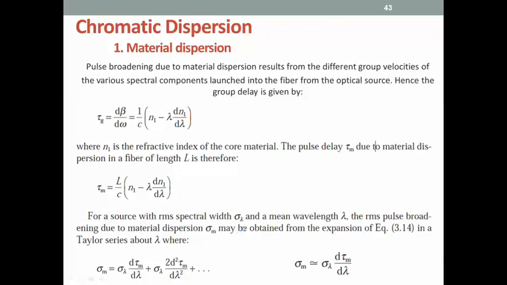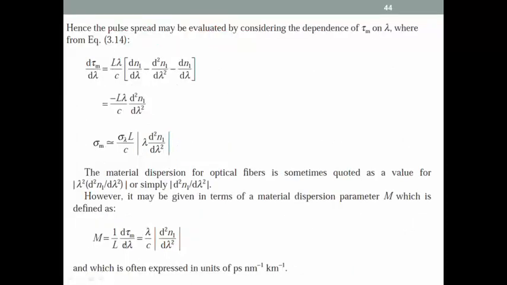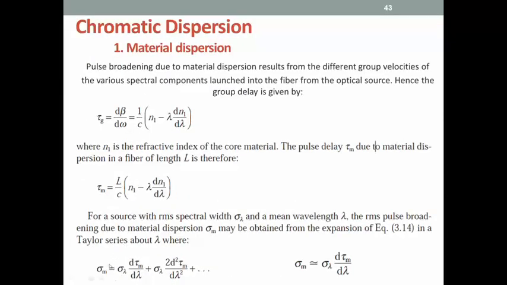After that, you expand it with the help of a Taylor series, where sigma_m is the material dispersion for which we need to find the expression. So sigma_m can be given by sigma lambda times this expression. We leave the higher order derivatives and keep only the lower order derivatives.